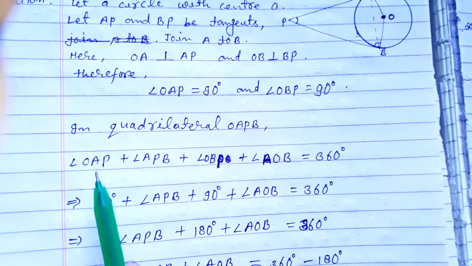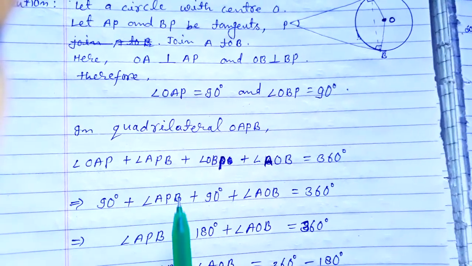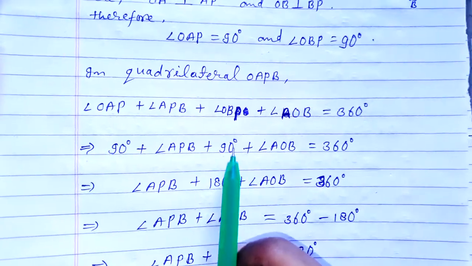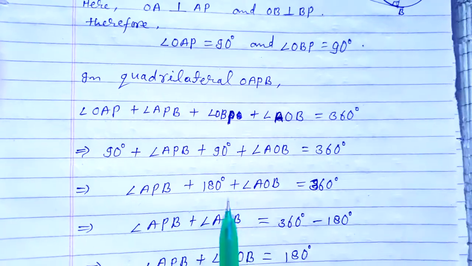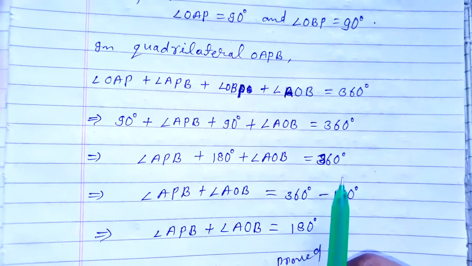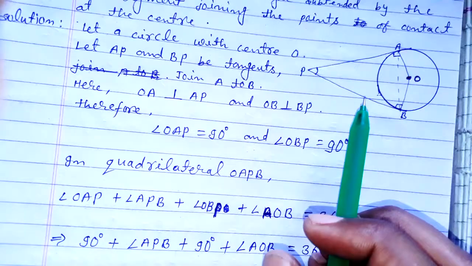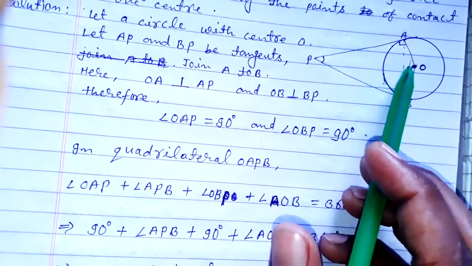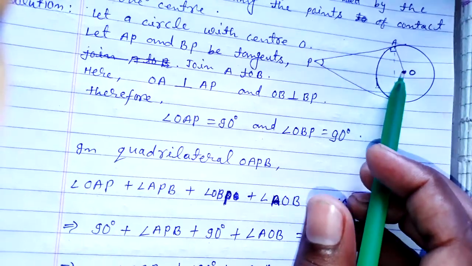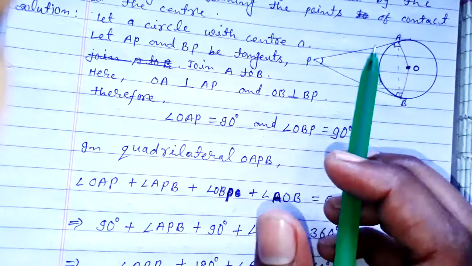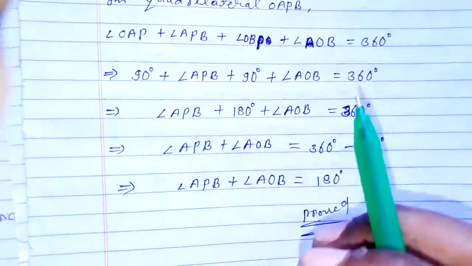This angle is 90 degrees and this is also 90 degrees, so 90 plus 90 is 180. Subtracting from 360, the remaining is 180. So angle AOB and angle APB are supplementary. Proved.